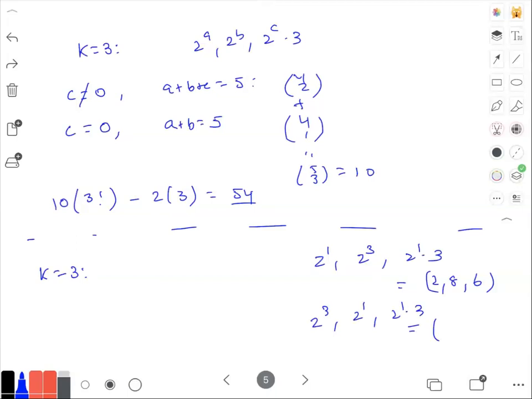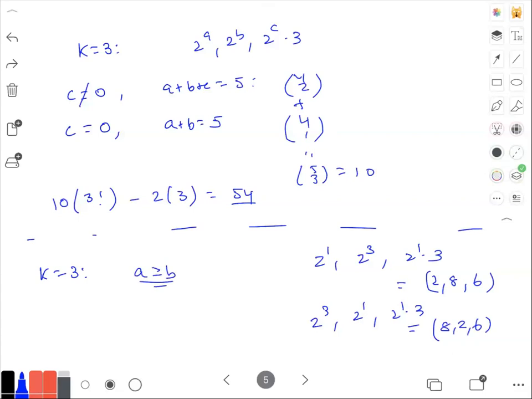This would be 8, 2, 6. As we can see, they're the exact same thing: 2, 8, 6 and 8, 2, 6. We can reorder them and they'll be the same thing. So really what we need is something such as a greater than or equal to b, so that we don't overcount pairs.